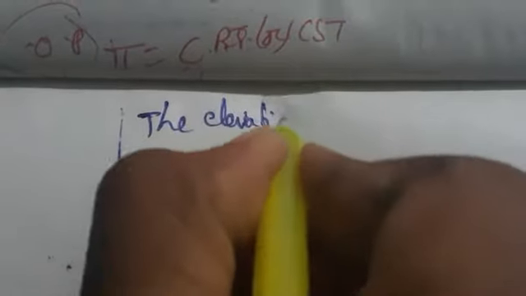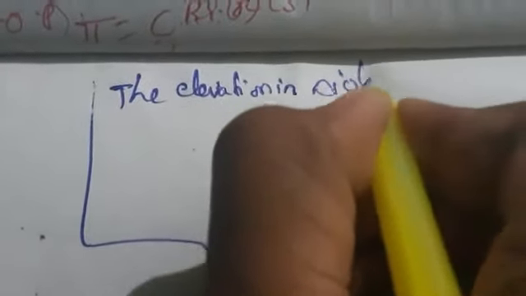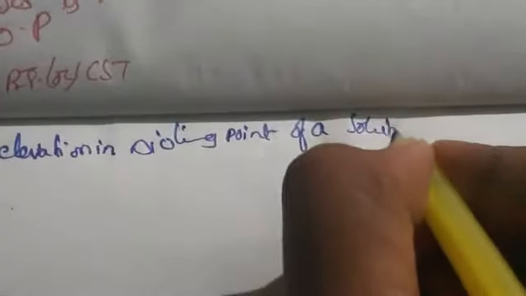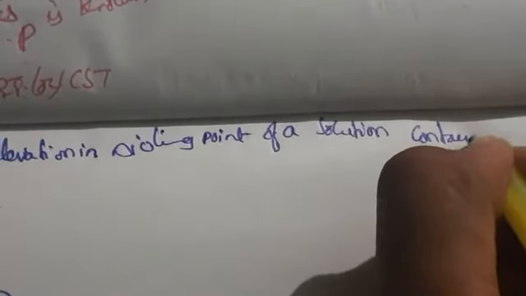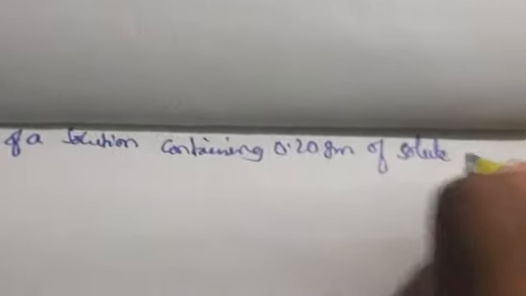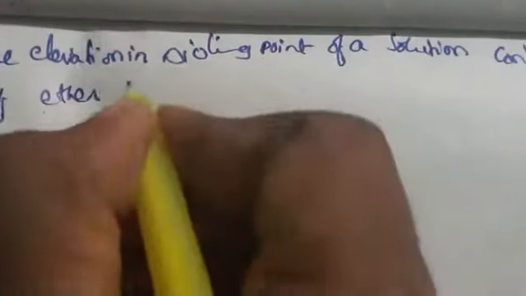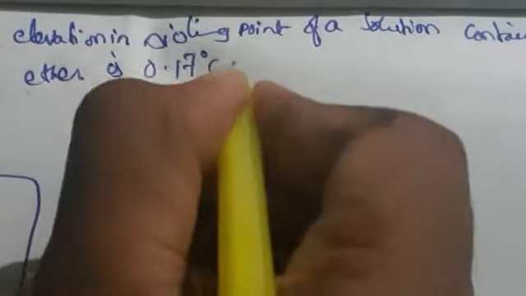Okay. So now let us see the problems of depression in freezing point, elevation in boiling point and osmotic pressure. For example, the elevation in boiling point of a solution containing 0.20 grams of solute in 20 grams of ether is 0.17 degrees centigrade.